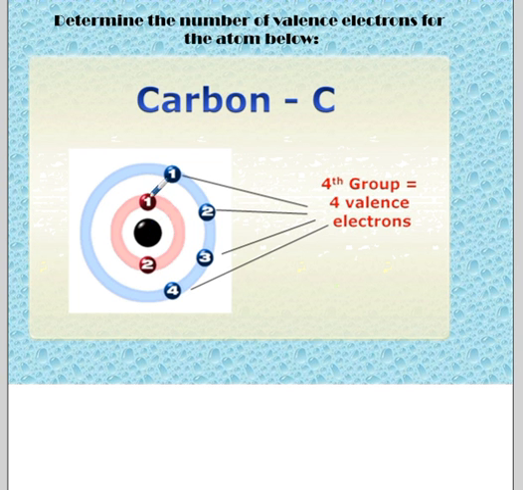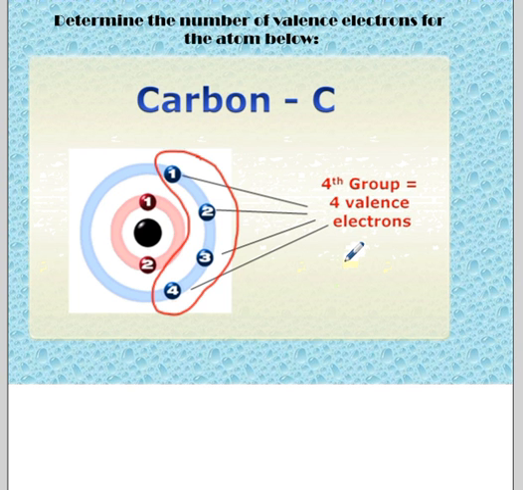But here are carbon's electrons. Carbon has 6 total electrons, 2 on the first energy level and 4 on the second energy level, for a total of 6. And if you look, that means that this is the outermost energy level. This is the outer shell, which means those are the valence electrons. So carbon has 4 valence electrons.